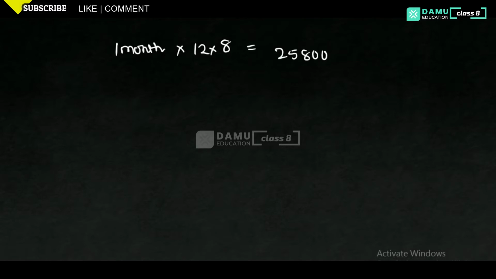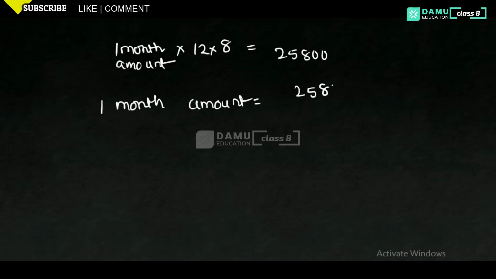So for 1 month, the amount will be equal to 25,800 by 12 into 8.